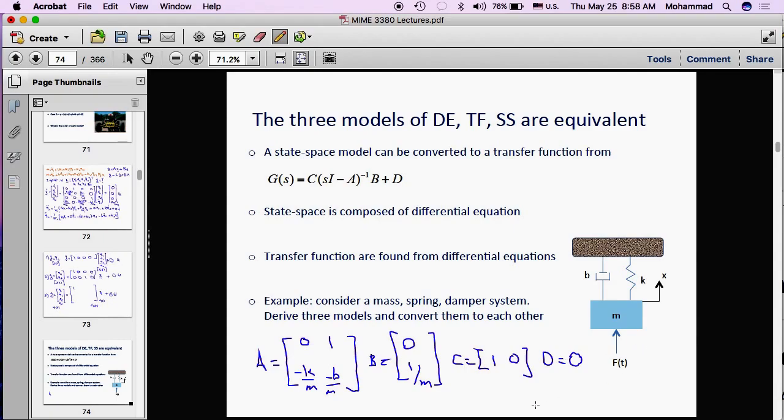If I remember it correctly, G(s), which was X(s) over F(s), displacement over force, was 1 over ms squared plus bs plus k.